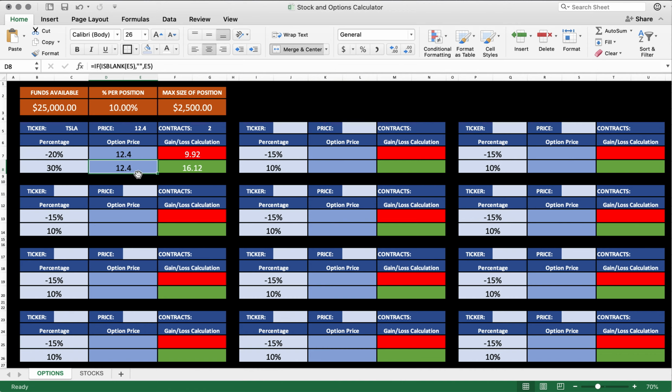It does a calculation. So at my original stop loss and my original profit, I would set a stop loss at $10.54 from the original option price, and then I would set a trailing stop loss once the option hit $13.64, which is a 10% profit, and I would set a 5% trailing stop loss.